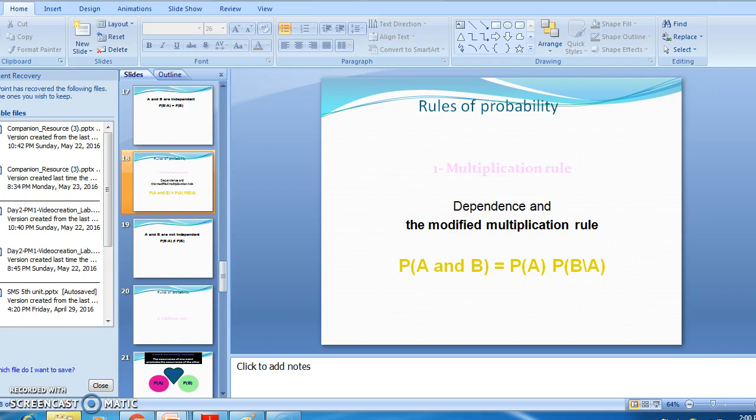Another multiplication rule is on dependence, the modified multiplication rule.